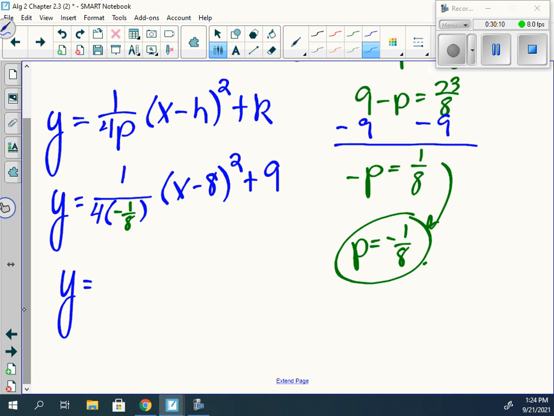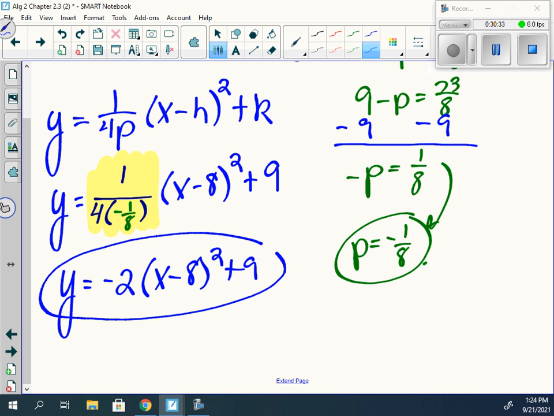So at this point here, let's get a highlighter. If we wanted to, we could type that entire thing into the calculator and it would do it for us. It would simplify it down. And it would be -2. And we'd have x minus 8 squared plus 9. And that'd be the answer.